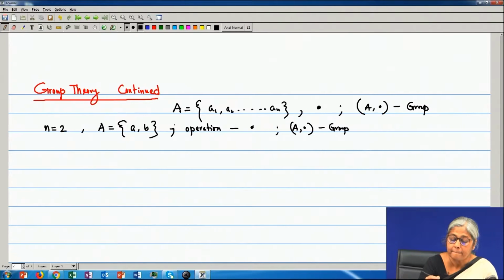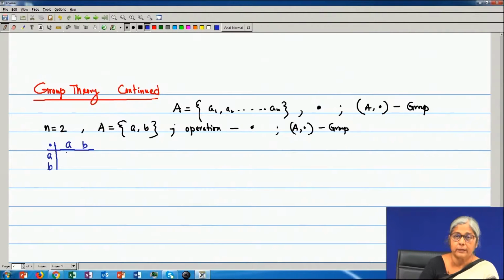Now, this will be a 2 by 2 matrix and we see what the elements of the matrix will be. So, we represent like this.